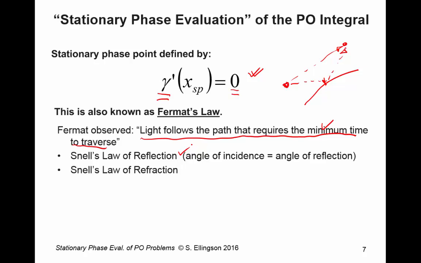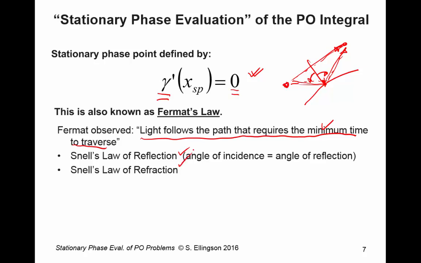Snell's law of reflection says that angle of incidence equals angle of reflection. But you can see that choosing angle of incidence to angle of reflection being equal gives you the minimum length path.